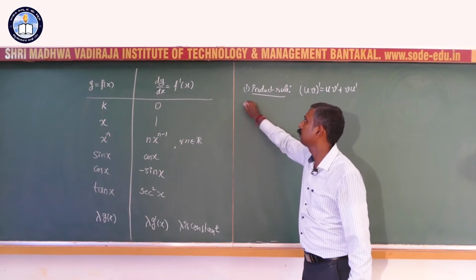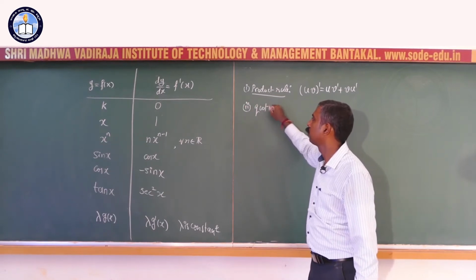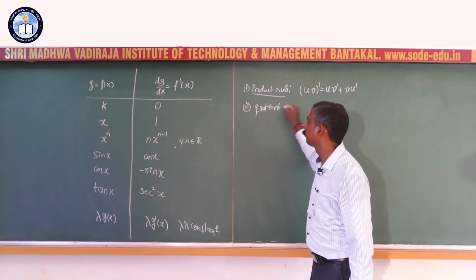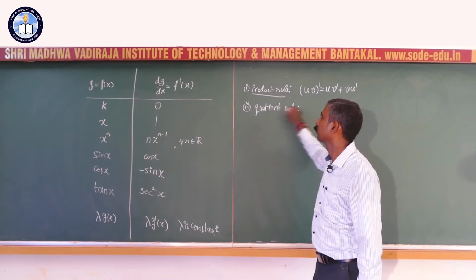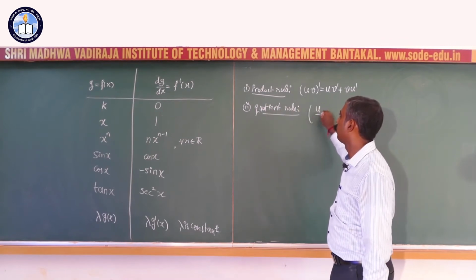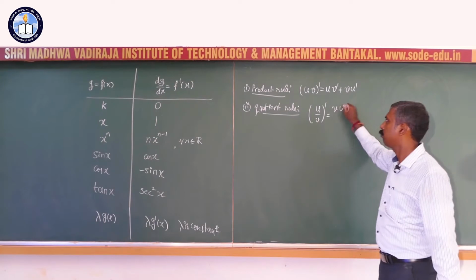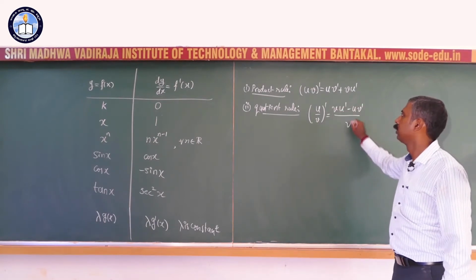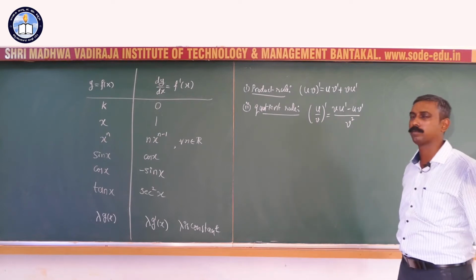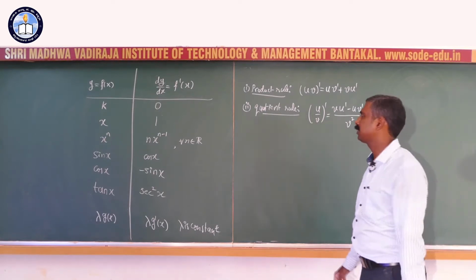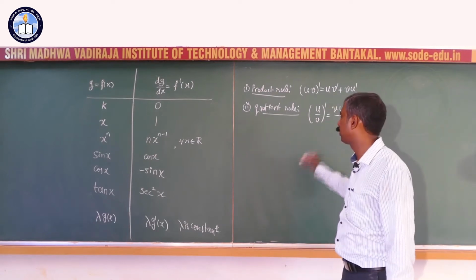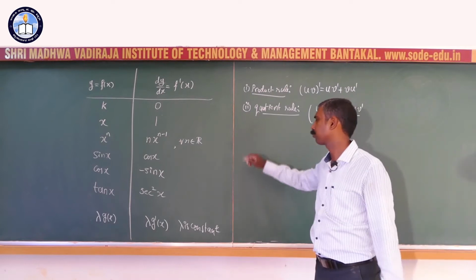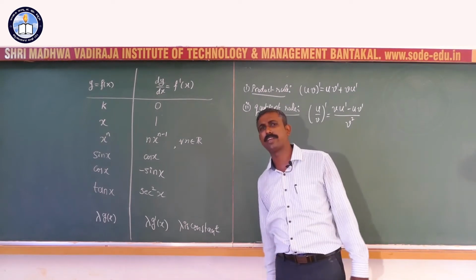The second one, the quotient rule: u by v whole dash is equal to vu dash minus uv dash, divided by v square. And the sum rule, we know that very easily: u plus v whole dash is equal to u dash plus v dash, and lambda g dash is already discussed.